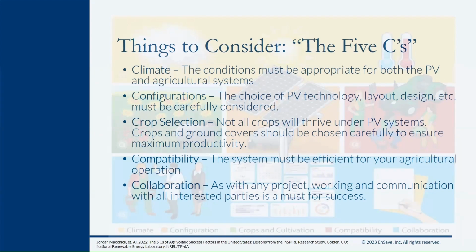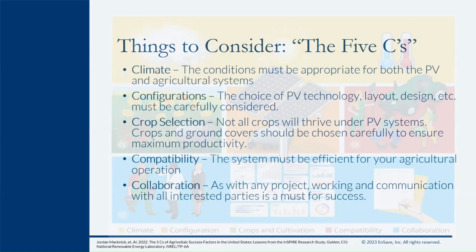But pulling these things from there, as a farmer, these are the things you would definitely want to be considering. So the climate, you want to make sure that the conditions are appropriate for not only the photovoltaic system, but your agricultural system.